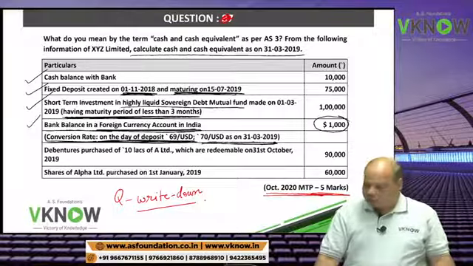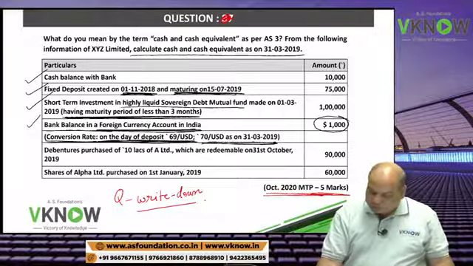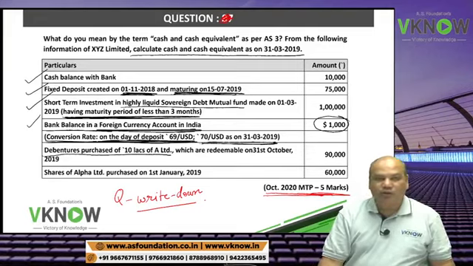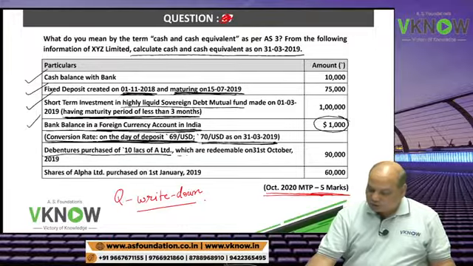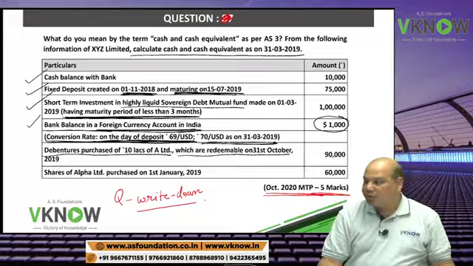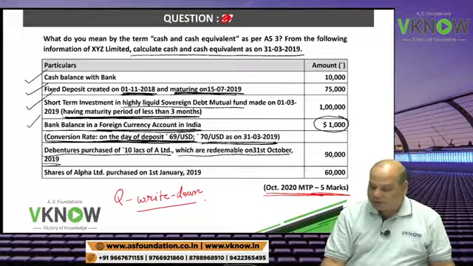One more, write down debenture purchased of rupees 10 lakhs of A Limited, which are redeemable on 31st October 2019.